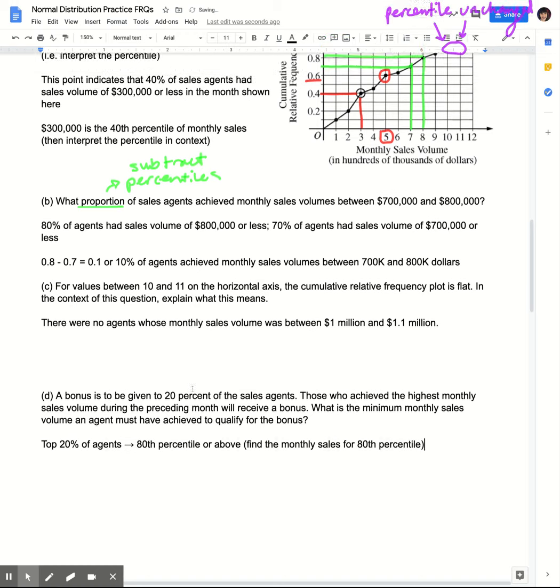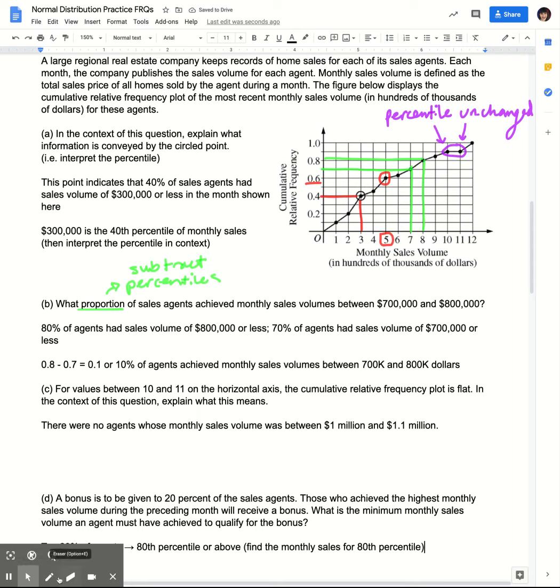So I'm going to go back up to my graph here, and the 80th percentile is right here. So I need the monthly sales volume attached to the 80th percentile, which is 800,000.